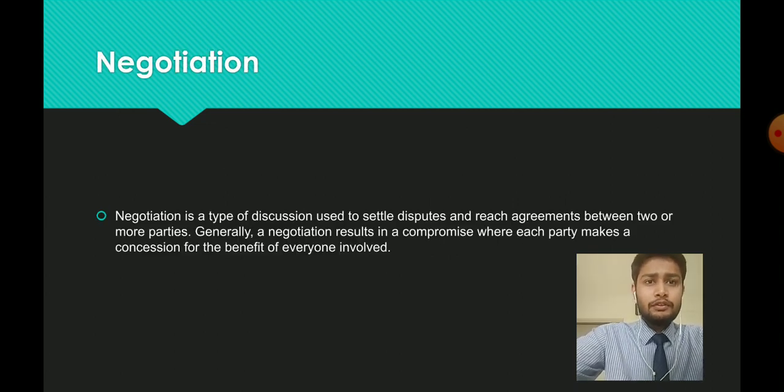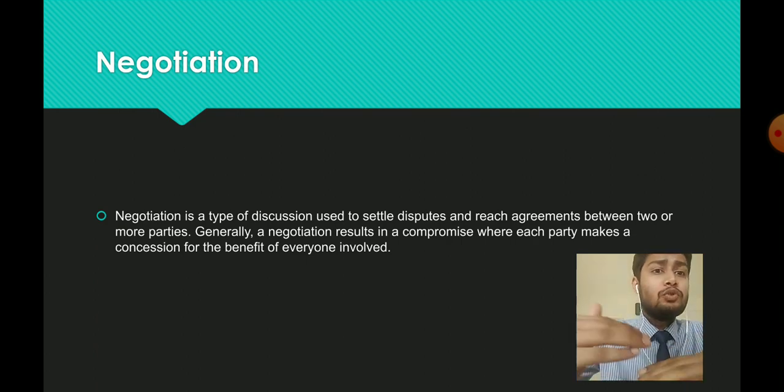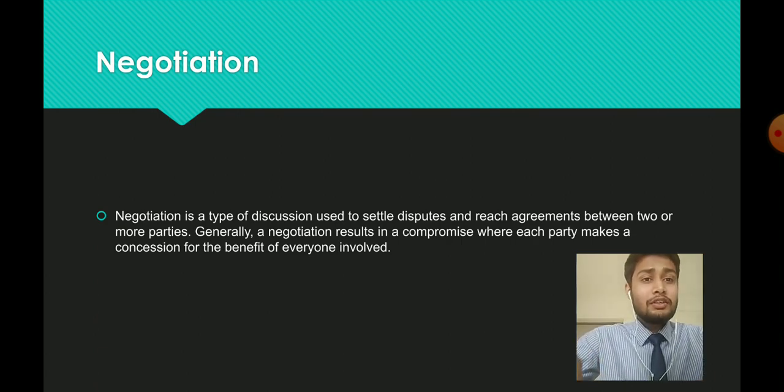So the first thing is negotiation, that what a negotiation is. As you can read, negotiation is a type of discussion used to settle disputes. So first, we can see that it is a discussion, and the discussion is for settling the disputes and reaching an agreement.